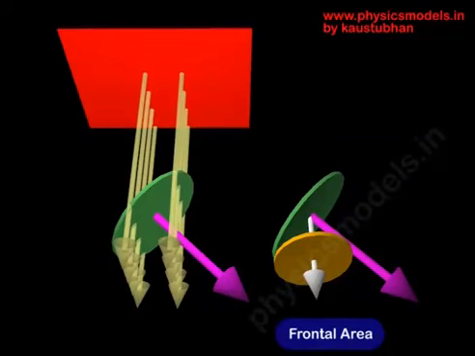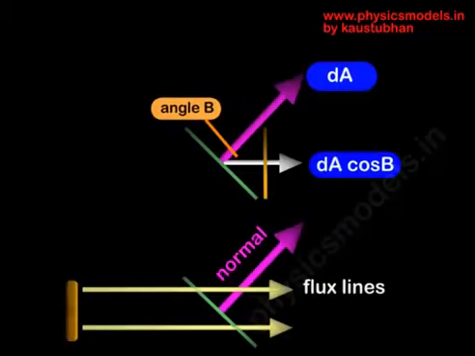So how do we find that? If we take a simple plane, you have to drop a normal to that surface, which is here the pink arrow, and the one beside it shows that the orange colored area is the frontal area. It's a projected area of that green one in the direction of the flow of flux.